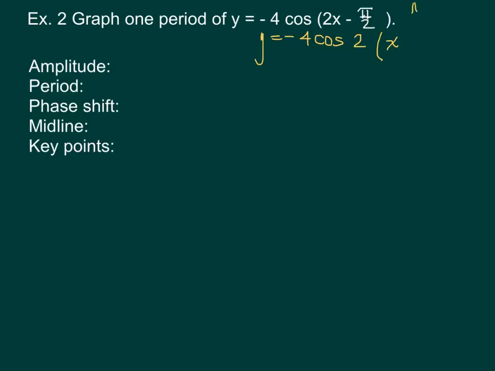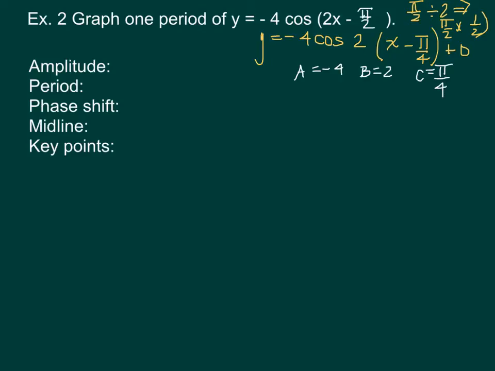So when you do pi over 2 divided by 2, that's the same thing as pi over 2 times the reciprocal, which is 1/2. So that'll give me pi over 4 plus 0. All right, now let's try this again. A is negative 4, B is 2, C is positive pi over 4, and D is 0.